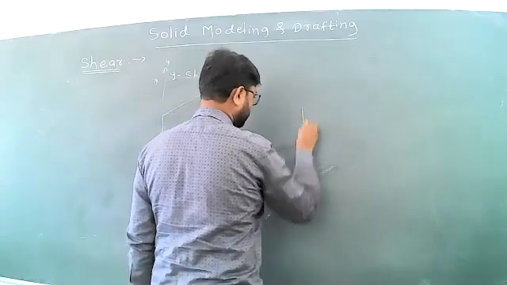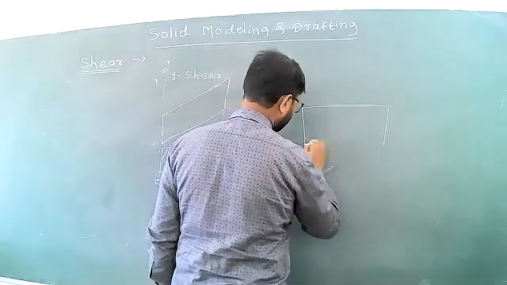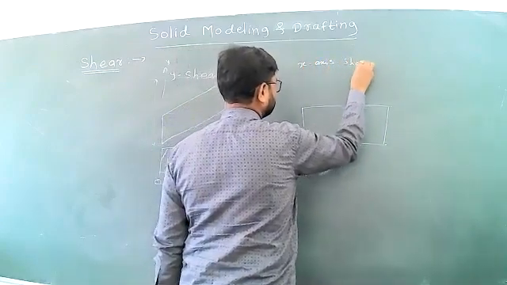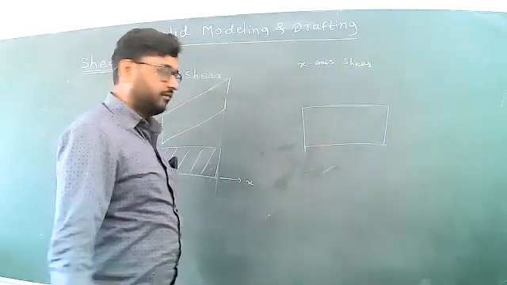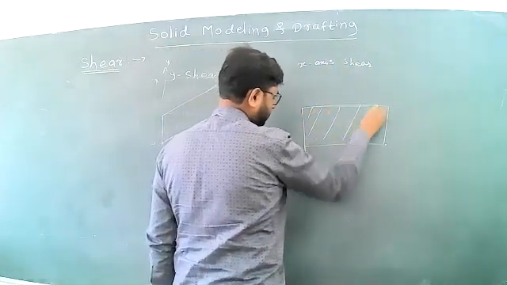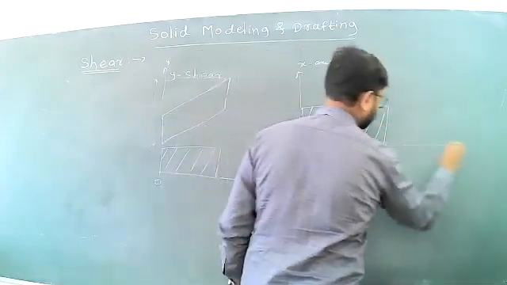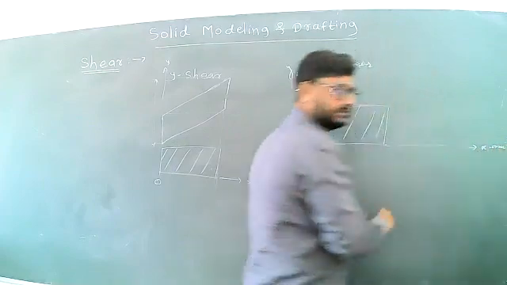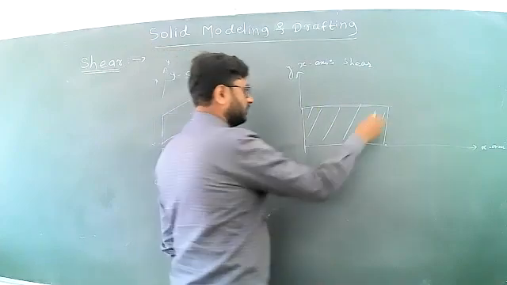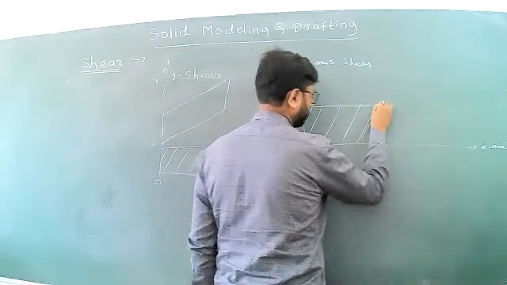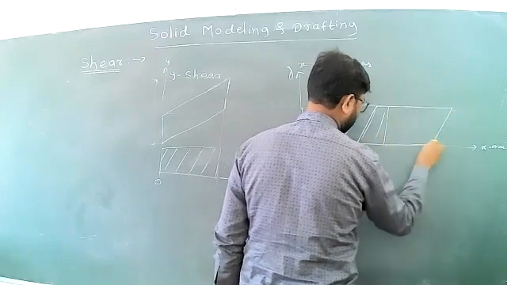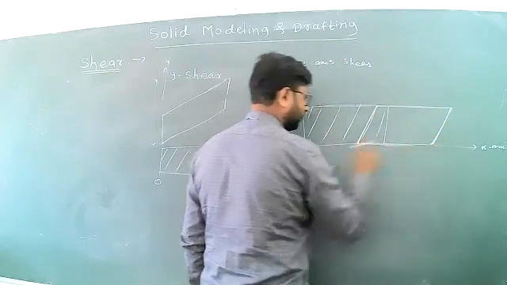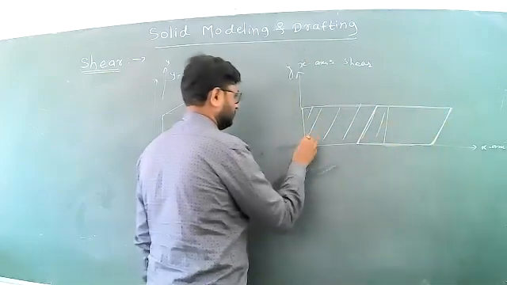And x shear means shear along the x-axis. When shearing occurs along the x direction, the rectangle is transformed like this.